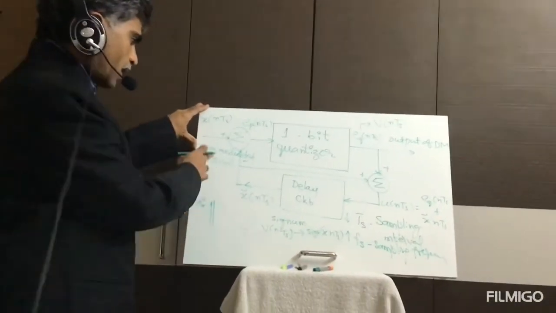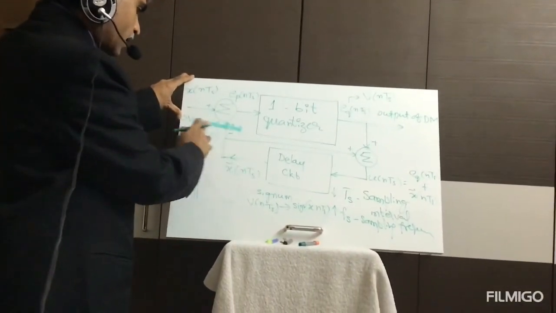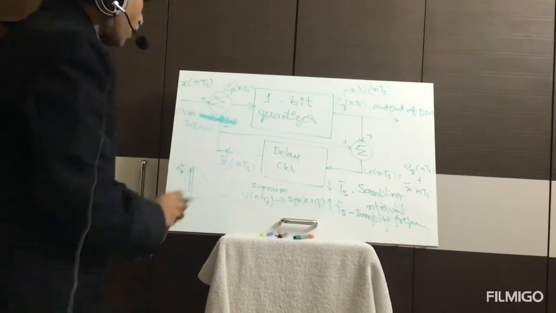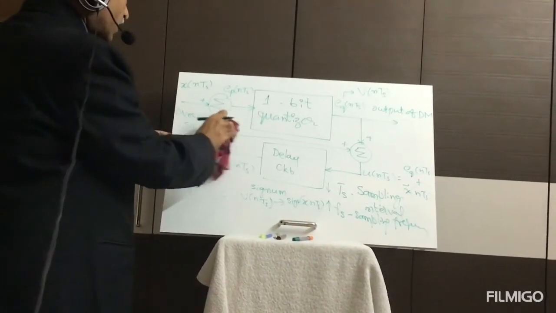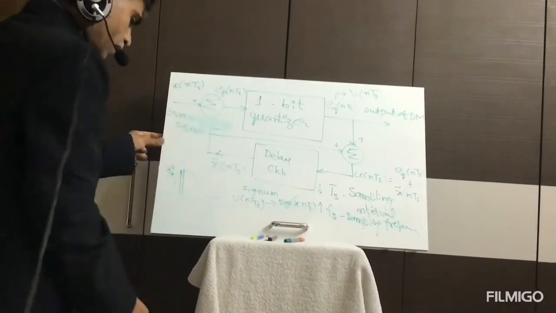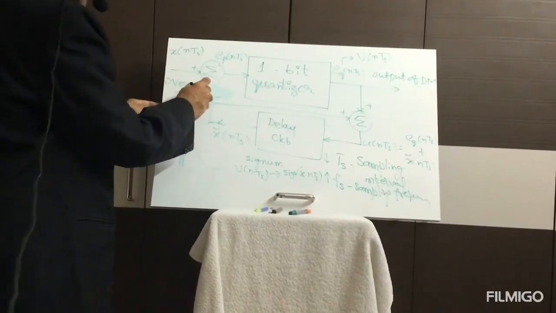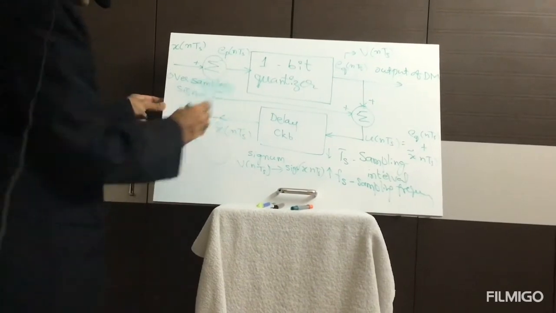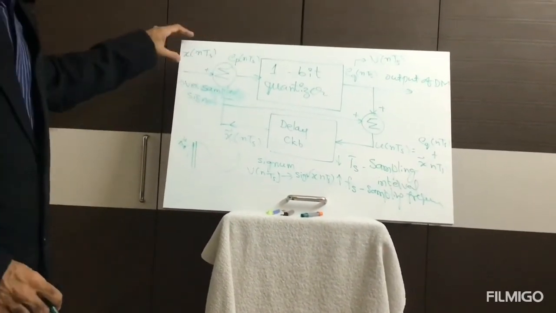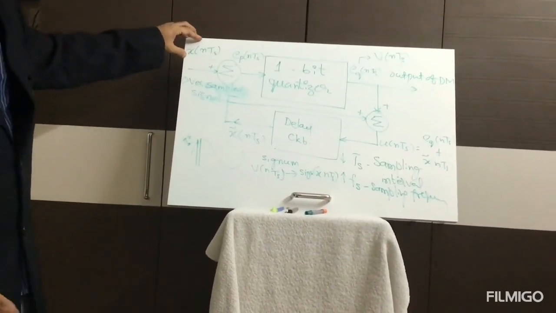It is an oversampled signal, that means the sampling rate is much higher, and that oversampled signal we represent by X of NTS.